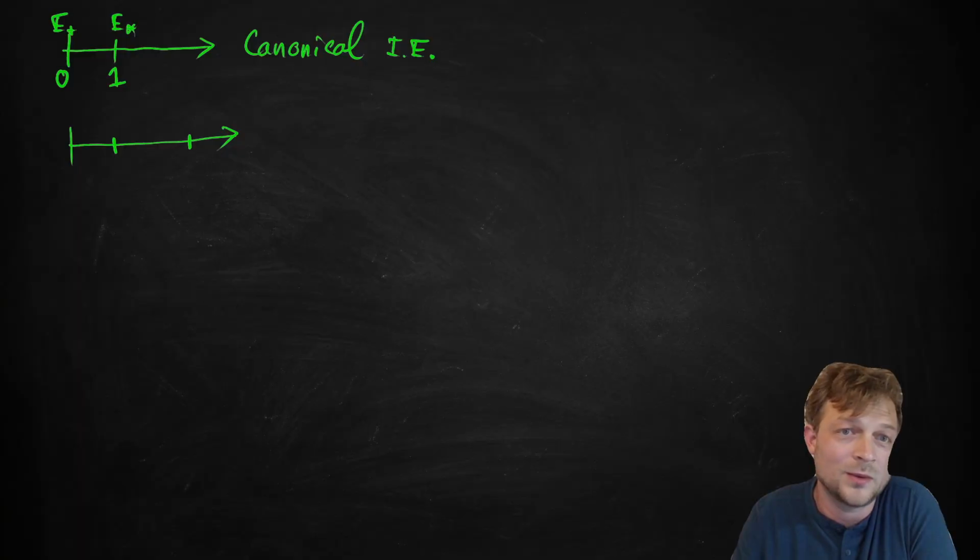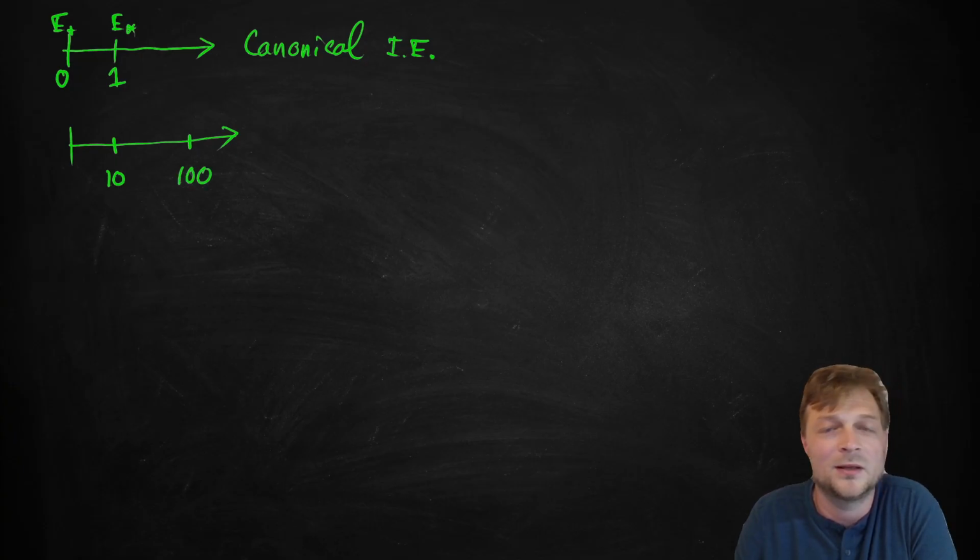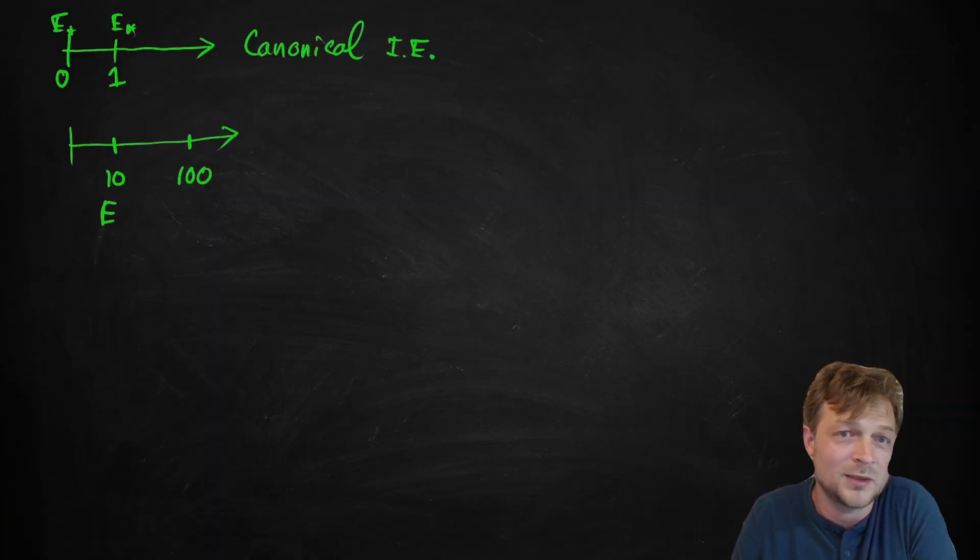One will be at some measurement equal to 10 and another at 100. We want these to be identity elements: this one the identity element for plus, and this one the identity element for multiplication. But these are not canonical, so I will call them desired.